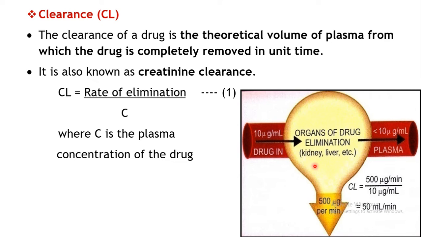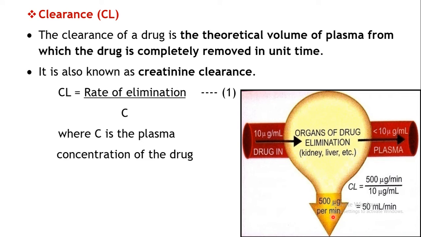So taken together, the elimination of the drug, that is metabolic inactivation plus excretion from all the organs of elimination, how much is the rate of elimination, that is what amount of drug is removed per unit time. In this case all the organs of elimination remove your drug at the rate of 500 microgram per minute.